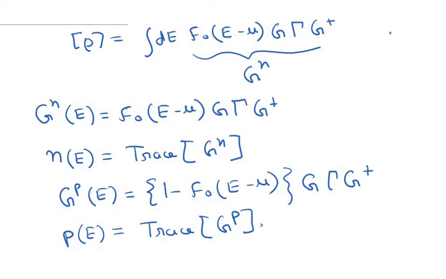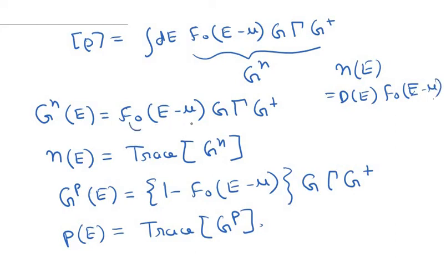Okay, now we know that if we compare this expression with the classical expression, then classically we have N equal to the integral of the density of states dE. So this is equal to density of states multiplied by the Fermi function. This is the normal classical picture.